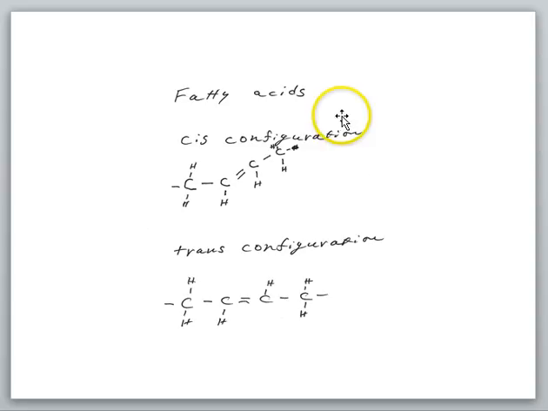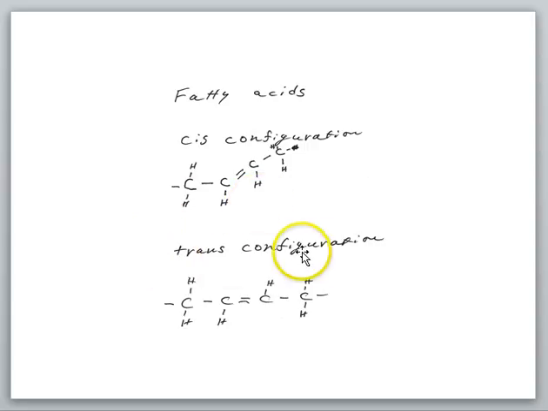So here's our cis configuration. Cis means next to or adjacent to, and the hydrogens are on the same side of the chain, and they push away from each other and put this bend in the chain.